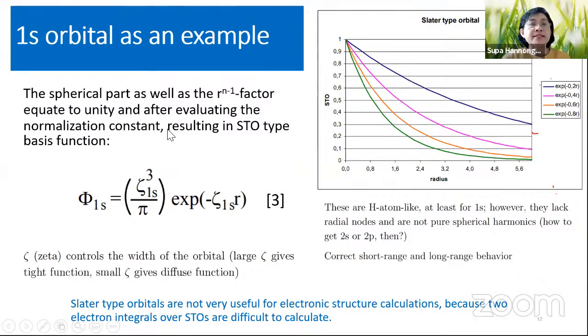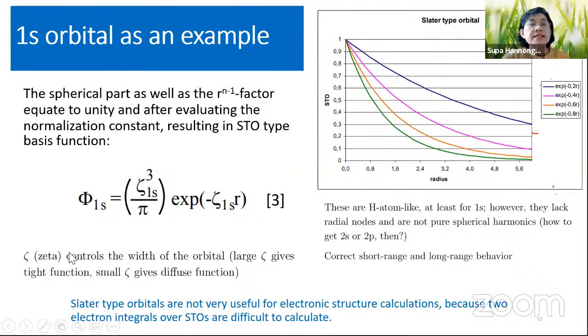After evaluating the normalization constant, we can develop the STO type basis function as in equation 3. This is an example of the atomic orbital, the basis function of the 1s orbital. Phi 1s is equal to the normalization factor multiplied by the exponential of minus zeta r. This is an example.